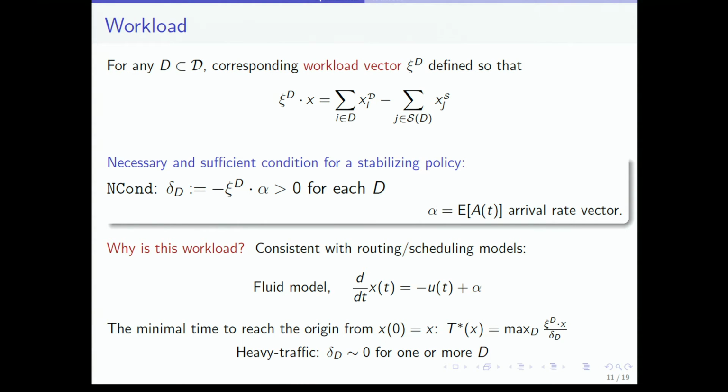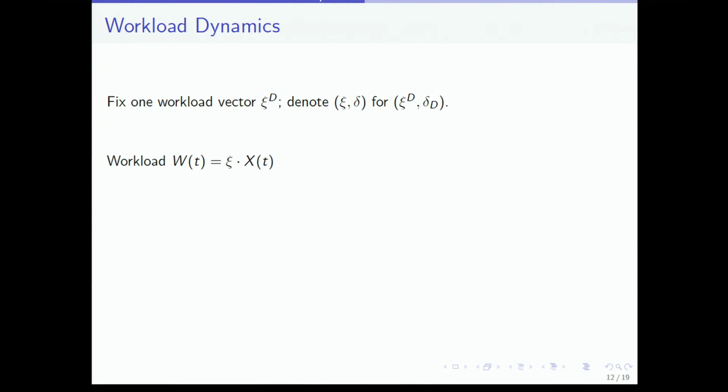Now, in order to have some insight on a good policy in this setting, we will consider a heavy traffic assumption. Here, assume that there is one demand subset that is the most critical, in the sense that the difference in the arrival rate for that demand set and the supply items that can be matched with them goes to 0.